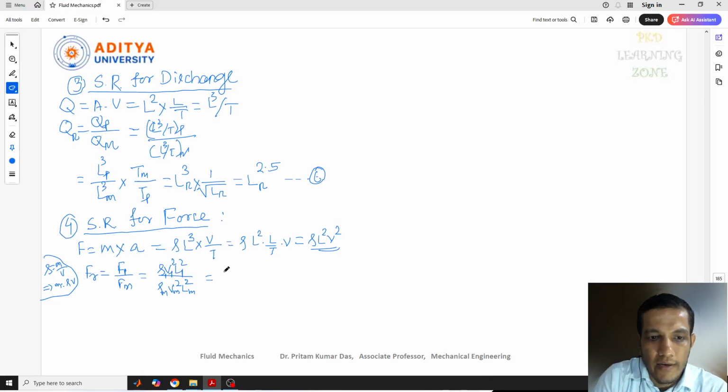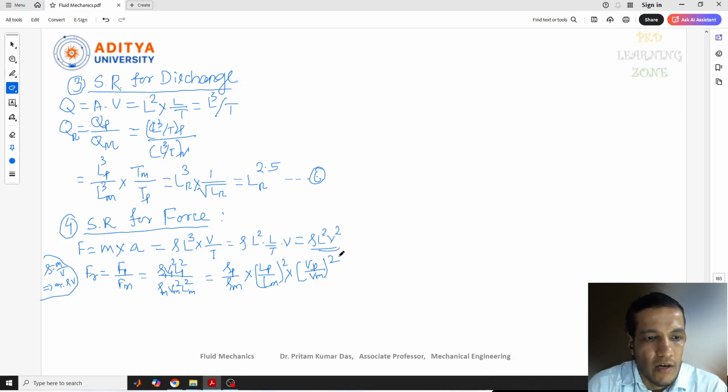So again, this one we can write in terms of rho P by rho M into LP by LM whole squared. Again we can write the same thing, VP by VM whole squared. So this is the equation we now got.